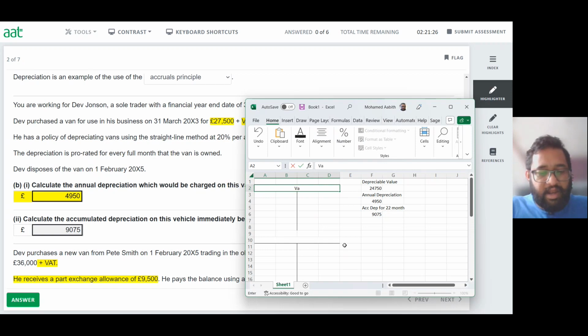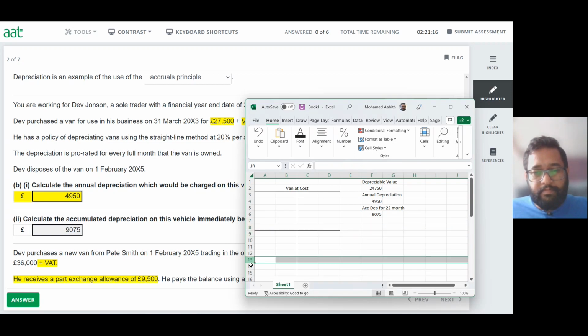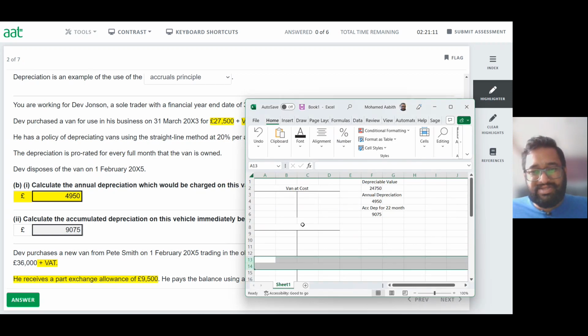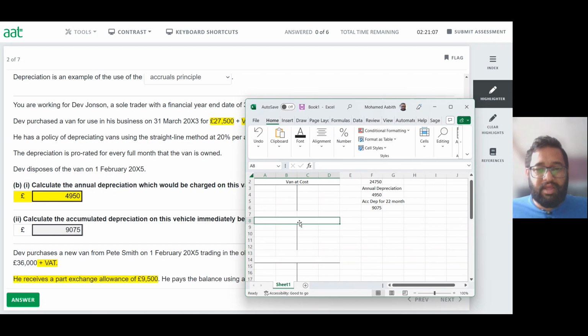So now if I'm going to consider having two accounts for it, this is the cost. What is that? Is the van at cost account. Delete those because I don't think I use all of that. Yeah, so here, van accumulated depreciation.